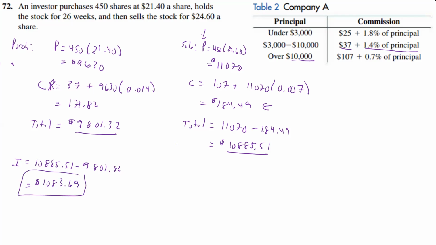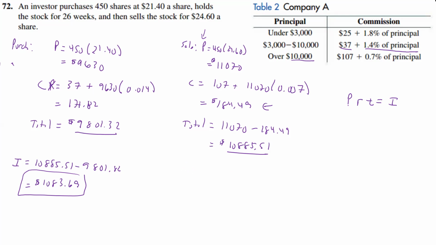But they wanted the interest rate. Well, how are we going to get the interest rate? If we do simple interest, we take the P times the R times the T, and that gives us the I. We can plug in all those values.